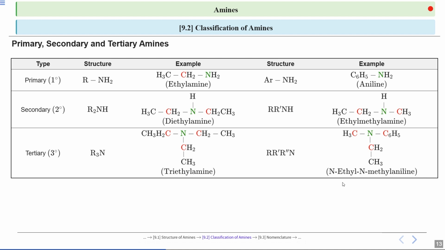So I have got N-ethyl-N-methylaniline. We will discuss nomenclature in upcoming slides. Right now, you have to focus on what primary, secondary, and tertiary amines are. I hope by now the classification is clear.